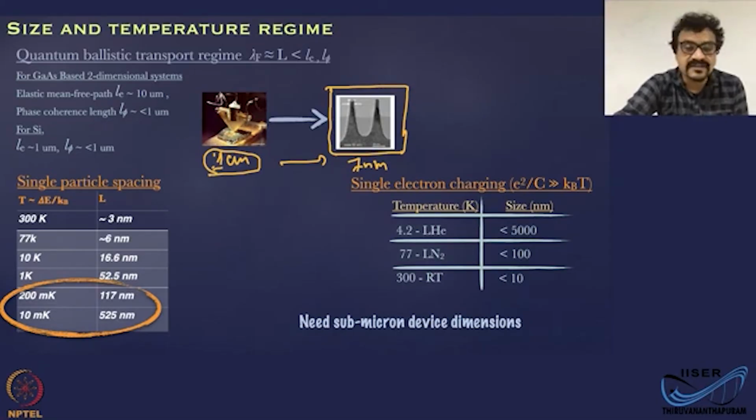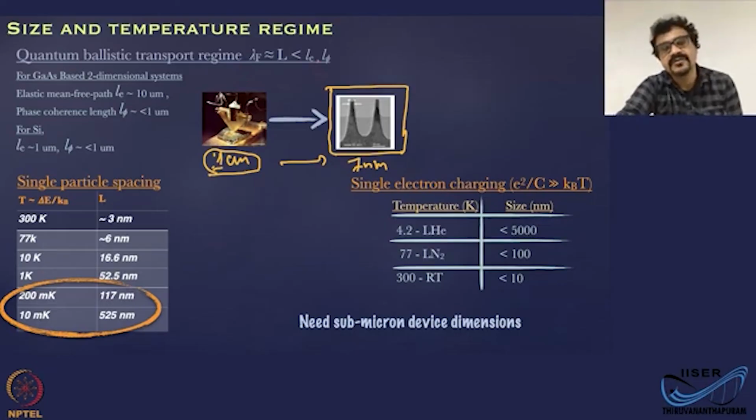And in this lecture, what we will do is overview what is generally available in research laboratories based in universities and institutes for fabrication of devices where you can observe quantum transport features, quantum transport phenomena.